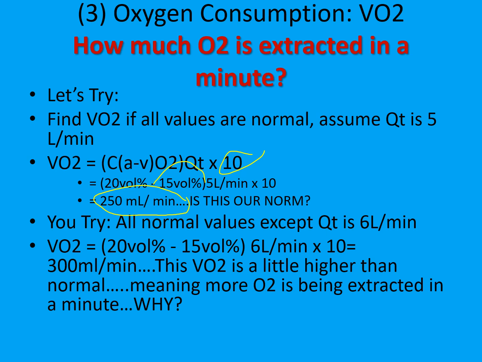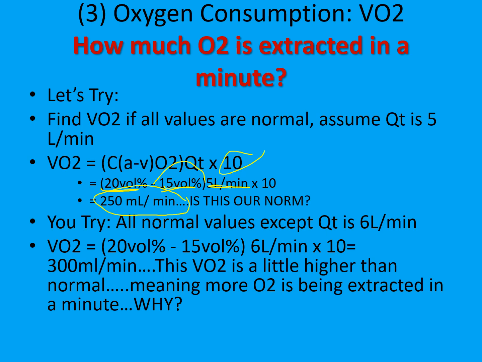So would that be normal? Well, let's look at the equation. Is 20 volumes percent normal for our CaO2? Is 15 volumes percent normal for our CvO2? Is 5 liters a minute normal for our cardiac output? Yes. So your normal value for oxygen consumption is 250 mLs of O2 per minute.